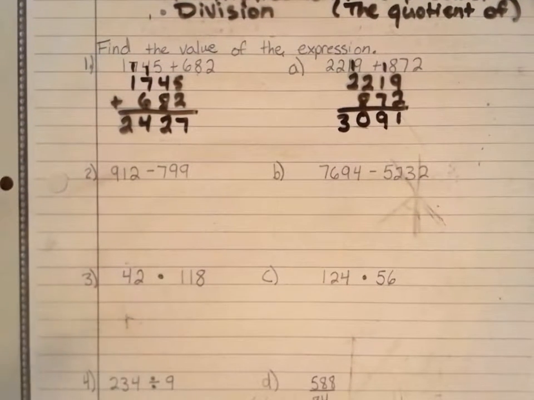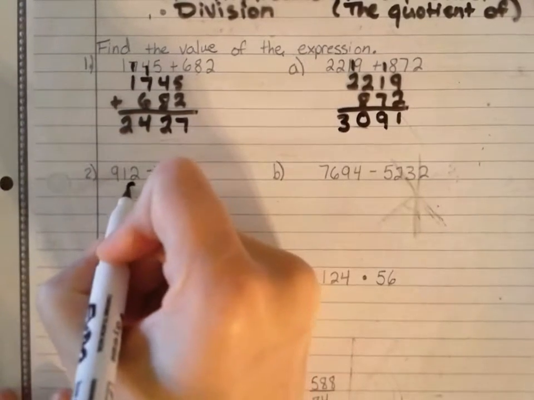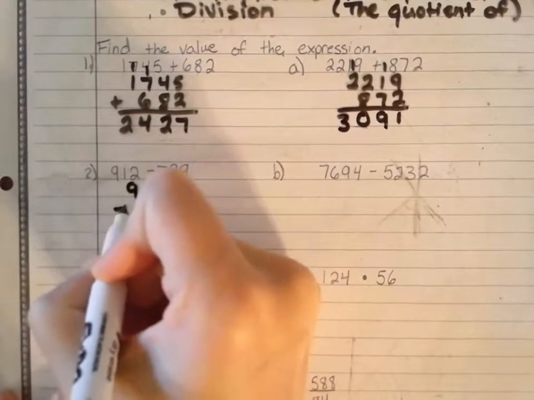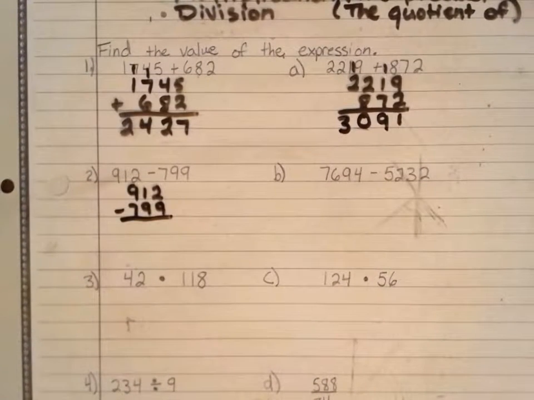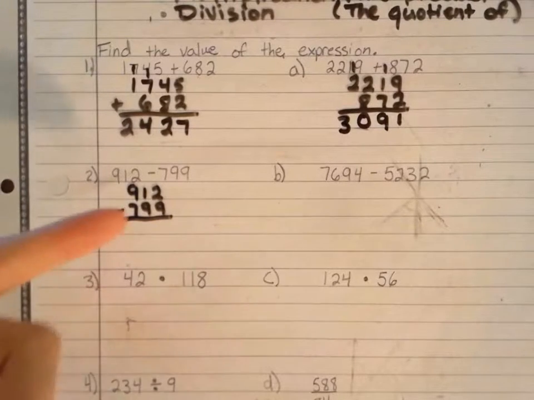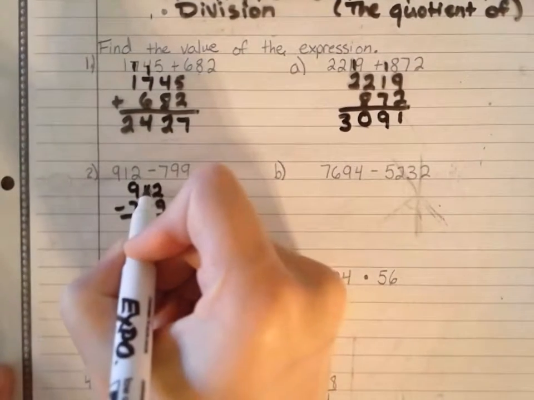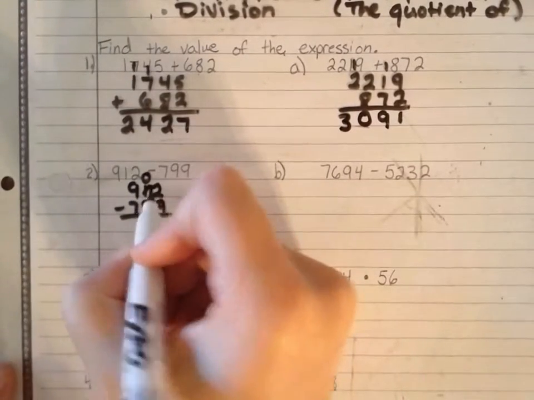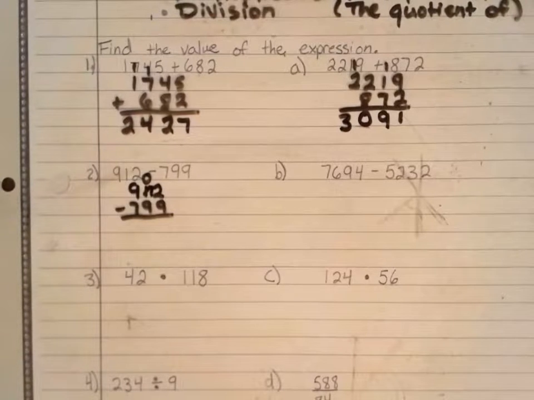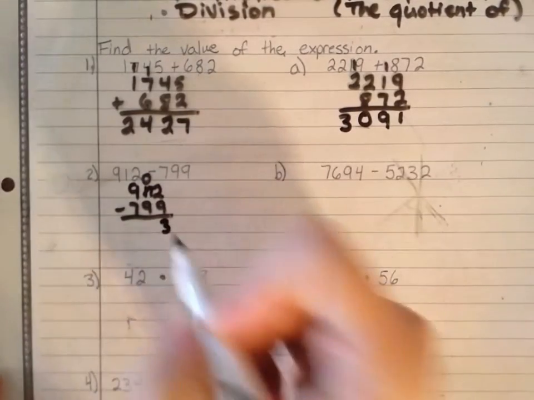The next one is subtraction, or finding the difference of these numbers. 912 minus 799. This one we will have to borrow. We cannot take 9 away from 2. So borrow from the 1, it becomes a 0, the 2 becomes a 12. 12 minus 9 is 3.